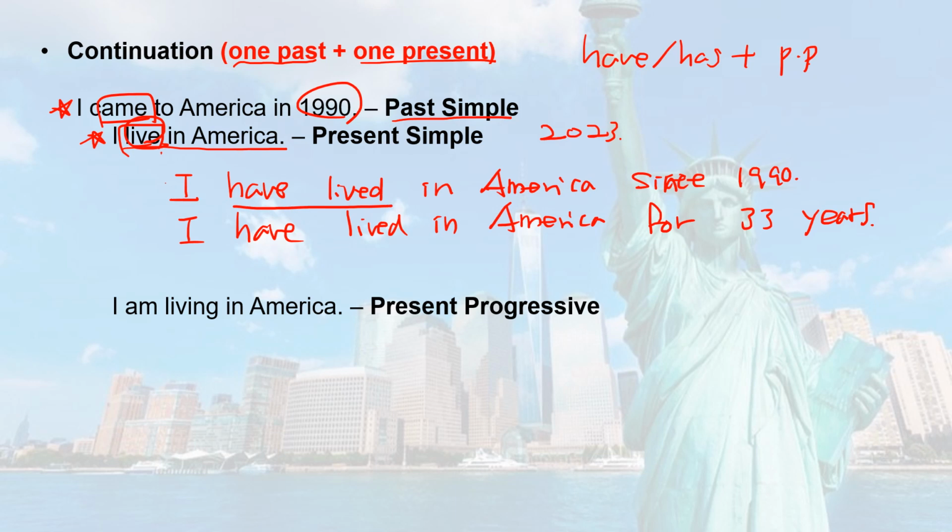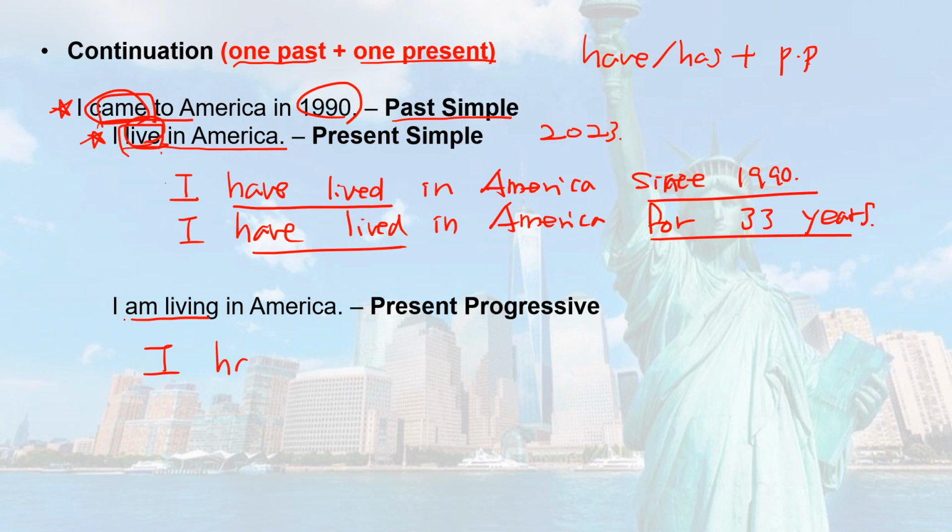So I have lived in America since 1990. I have lived in America for 33 years. Now we have one simple past and present. I'm living in America. So this is present progressive. This case we can use present perfect progressive. So I came to America in 1990 and I'm still living in America.